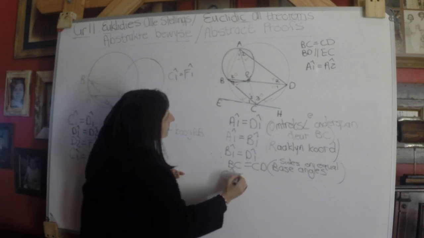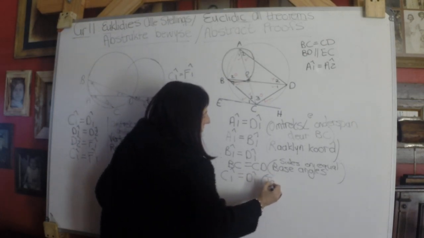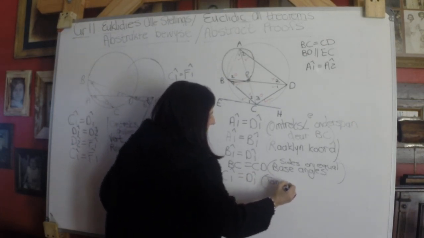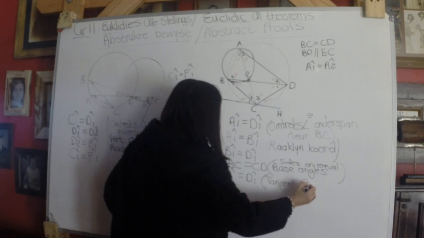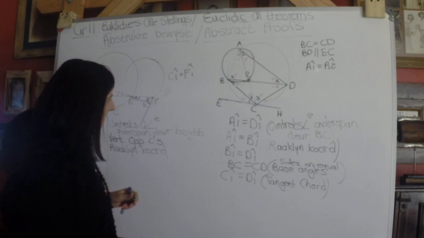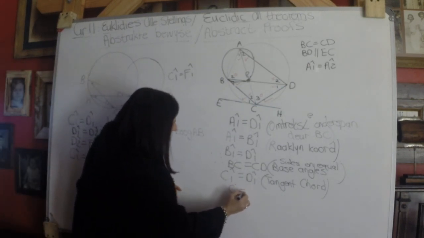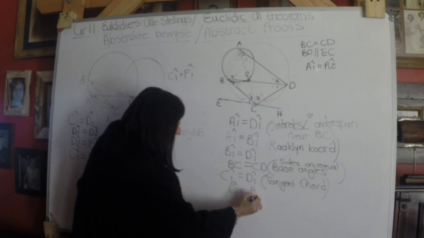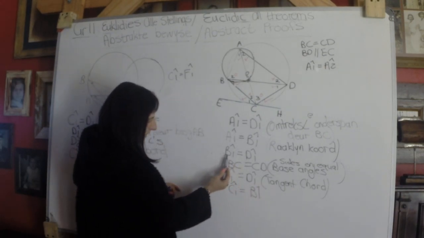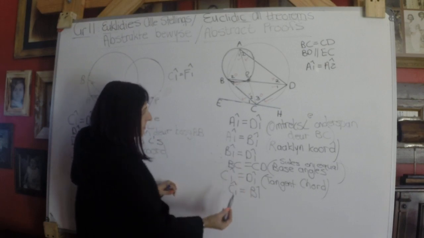C1 equals D1. Dit is tangent chord. So dit beteken, daarom is C1 ook gelyk aan B1. B1 equals D1, C1 equals D1, so B1 must equal C1.